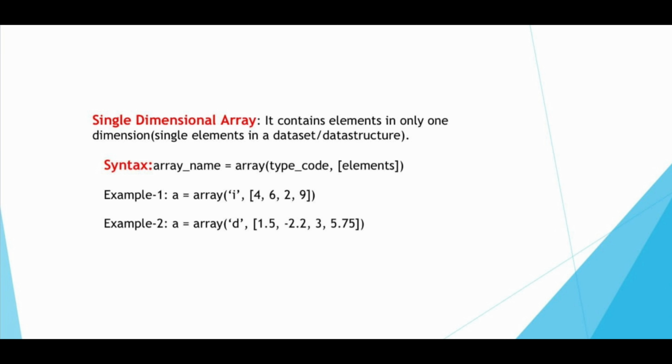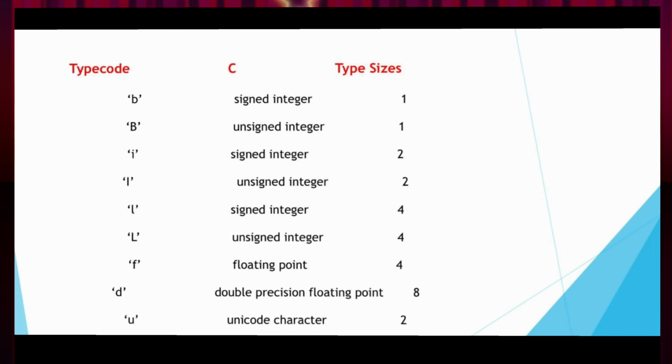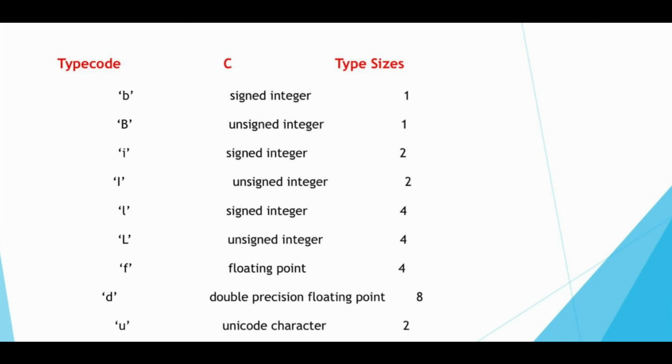These are the examples of single dimensional array. So what are these type codes we are using? Let us know about these type codes in arrays.